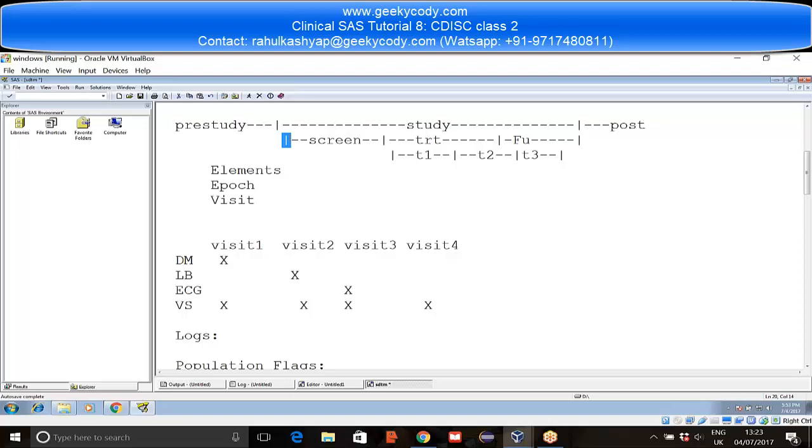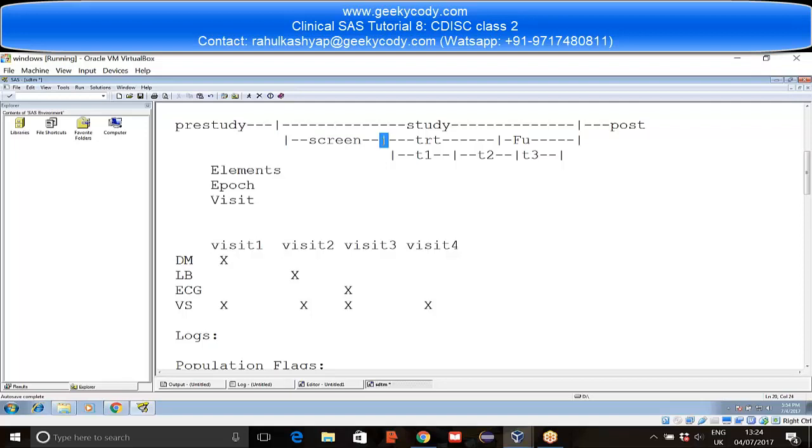For example, signing an informed consent form. If they sign the consent form, screening starts. That is a start rule. What is the end rule? After signing informed consent form, 7 days. That is an end rule for that.